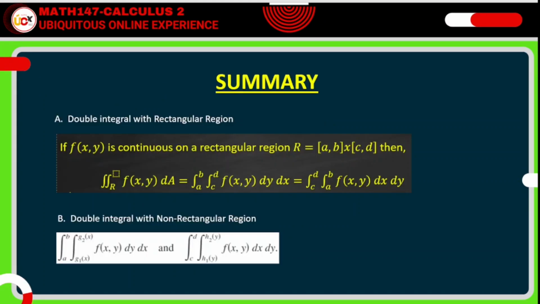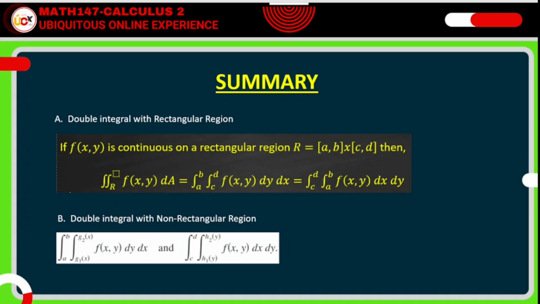So in summary, to evaluate the double integral, you have to consider whether the region is rectangular or non-rectangular region. So for rectangular region, to evaluate the double integral, you have the order of integration is either dy dx or dx dy.